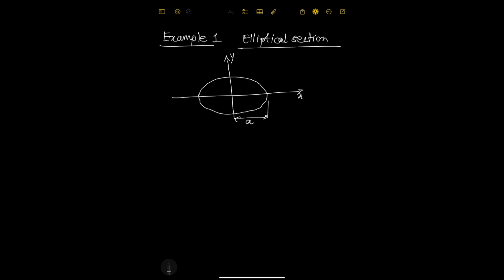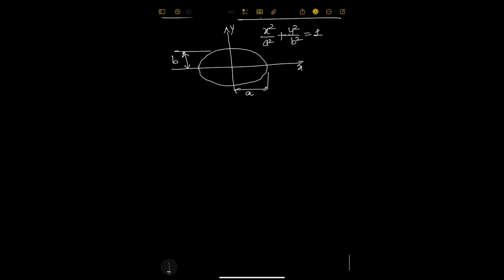This is the semi-major axis A, and this is B. Then we know the equation of ellipse is given by x square by a square plus y square by b square, which is equal to 1.